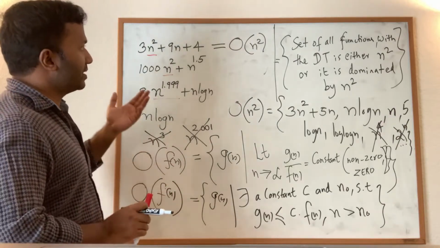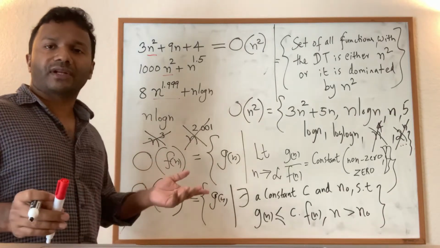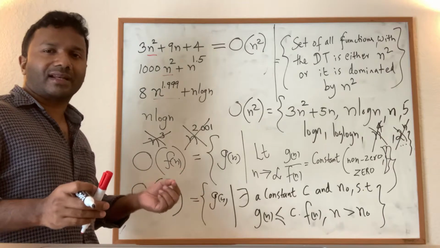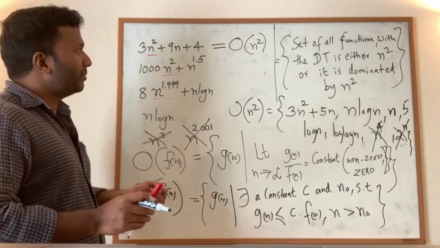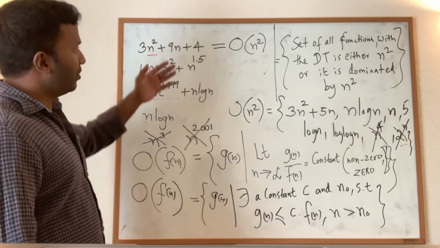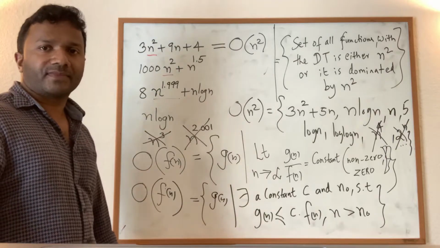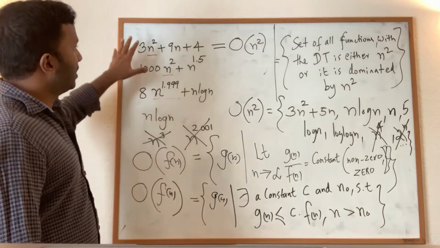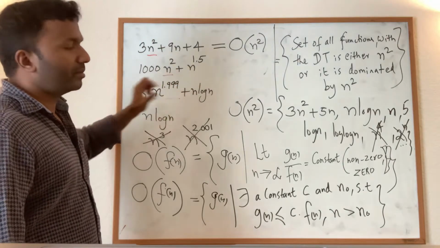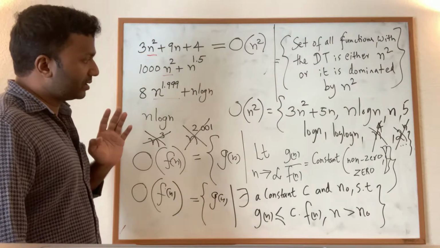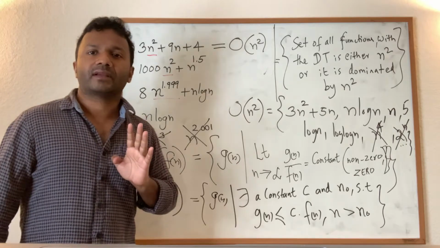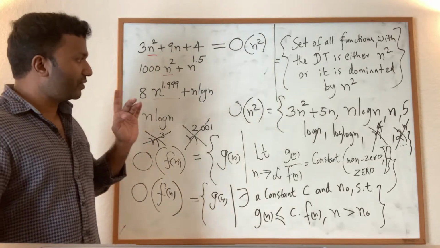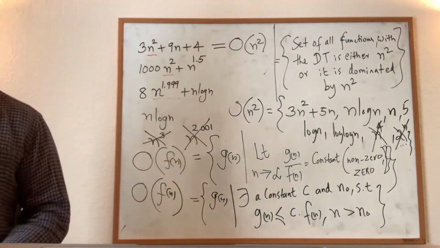In math, we call it abuse of notation. We know it is technically slightly incorrect, but it's okay. That is more convenient to use. And this is all about big O. There are 4 more standard notations, which we will see next.